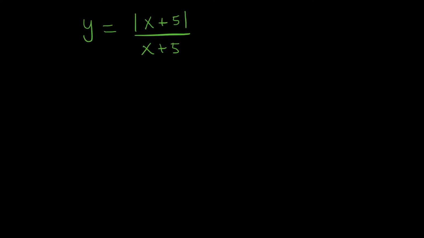So anytime you see a function like this with an absolute value, and it has to be a fraction, and either the numerator or the denominator has an absolute value, and the other part of the fraction has exactly the same thing but without the absolute value, then you should recognize all these as step functions. We talked about them in class, and it's very easy to plot them. This is what they look like.